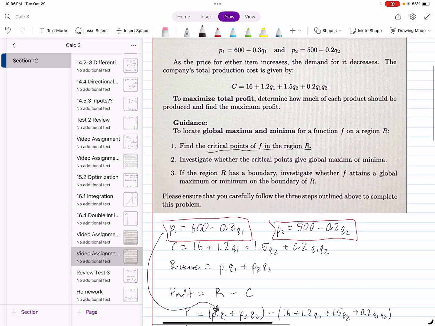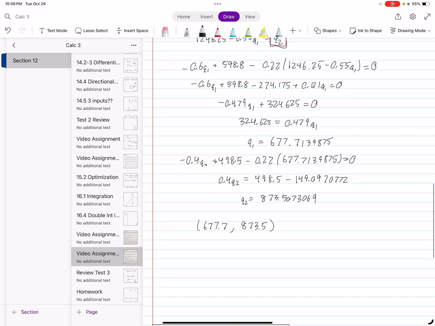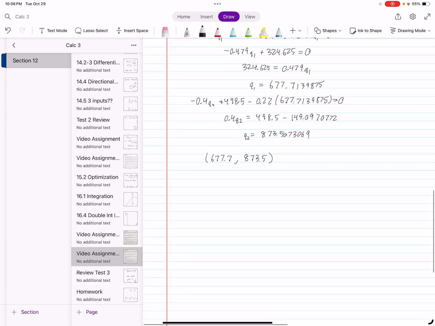Okay, so now the guide wants us to investigate whether the critical point gives a global minimum or a maximum. Now, we don't have to actually do any equations here because the original function took the form of negative 0.3 q1 squared minus 0.2 q2 squared.